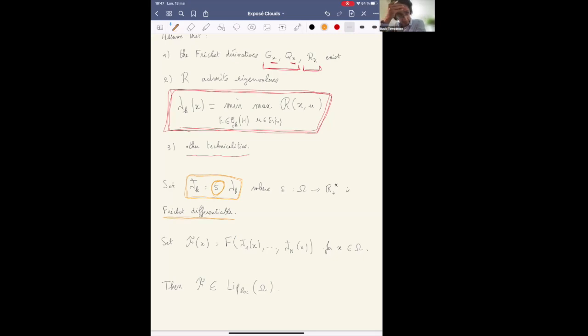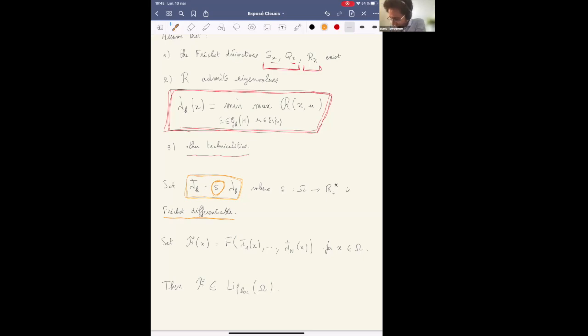So here, unlike the classical settings where people were more interested in maximization or minimization of eigenvalues, we are interested in just critical metrics. And for critical metrics, the only assumption that we need is this. Maybe for minimization or maximization, we may need more. We need something on this scaling, but yeah.